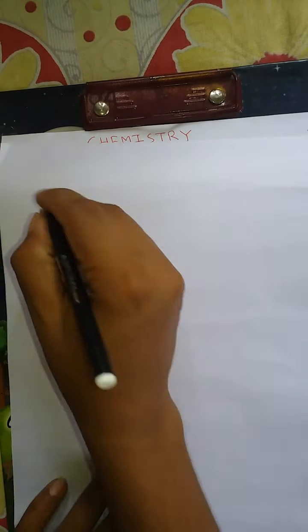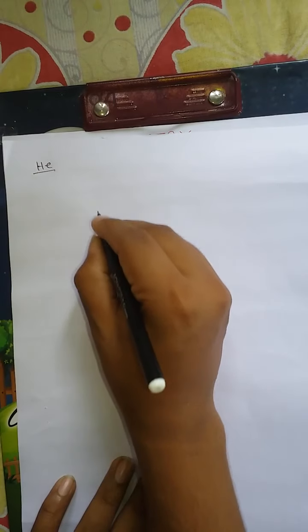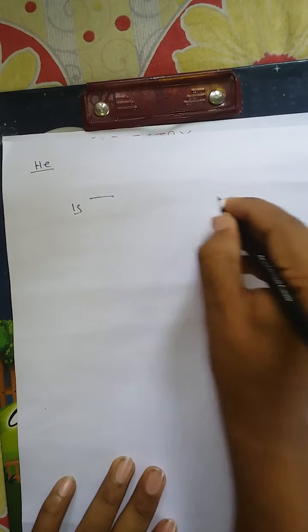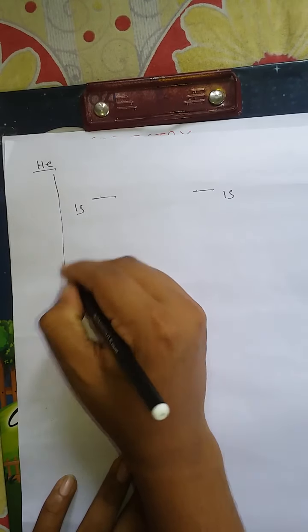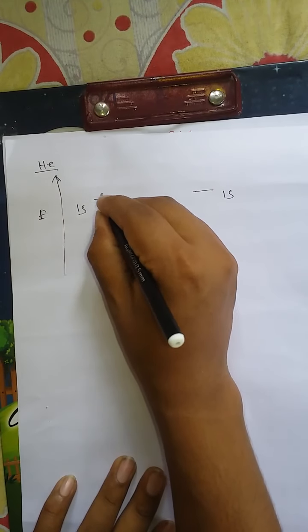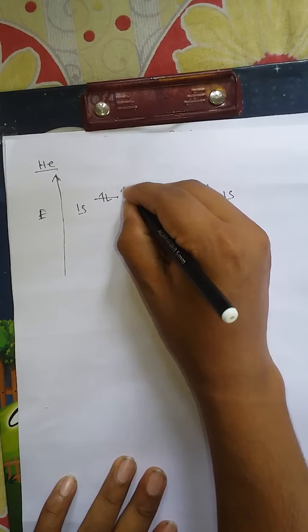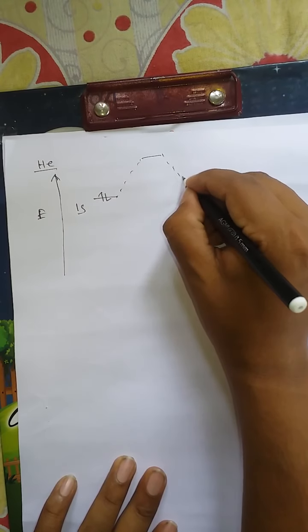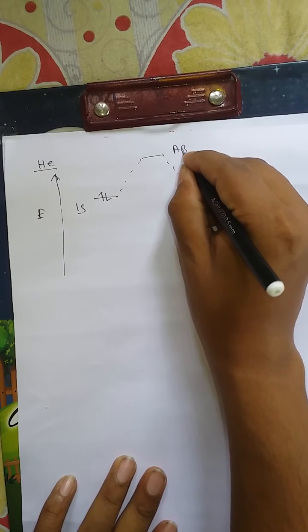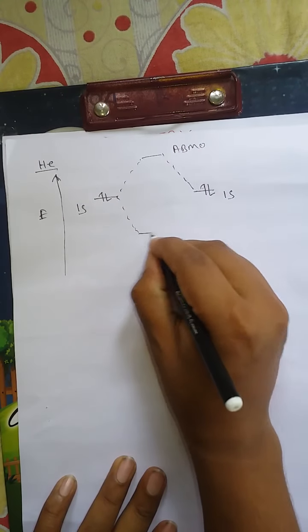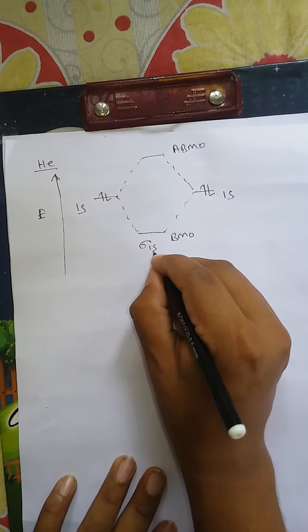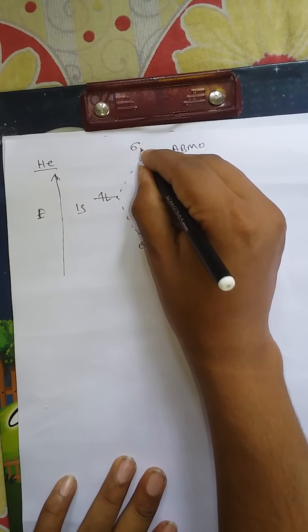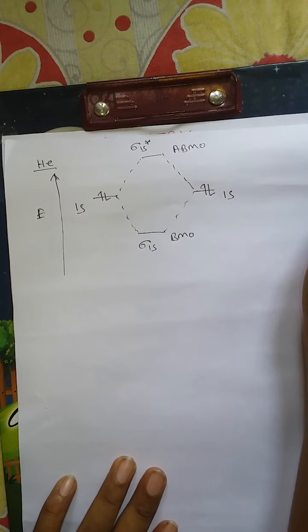Clear? Let's see for helium. In case of helium, there is a 1s orbital on each atom with 2 electrons each, forming BMO and ABMO, also called sigma 1s and sigma 1s star.